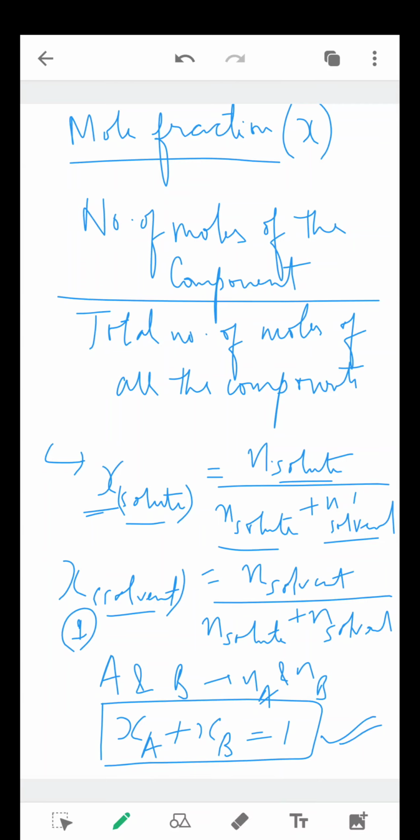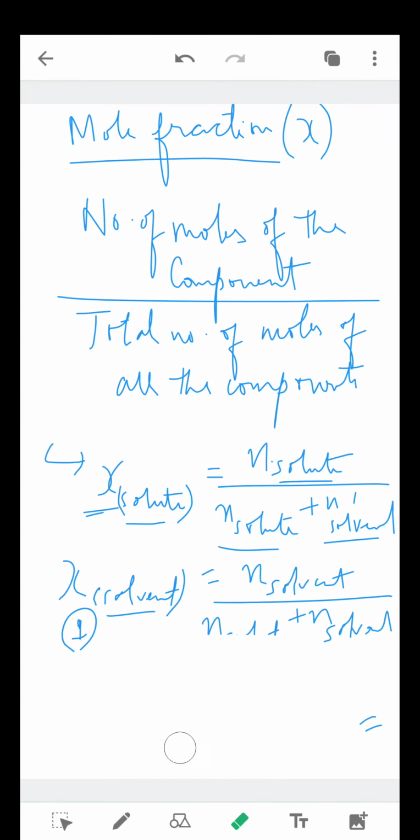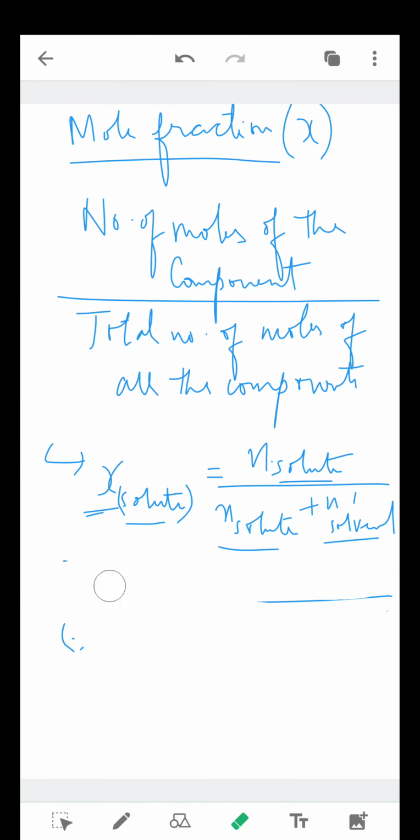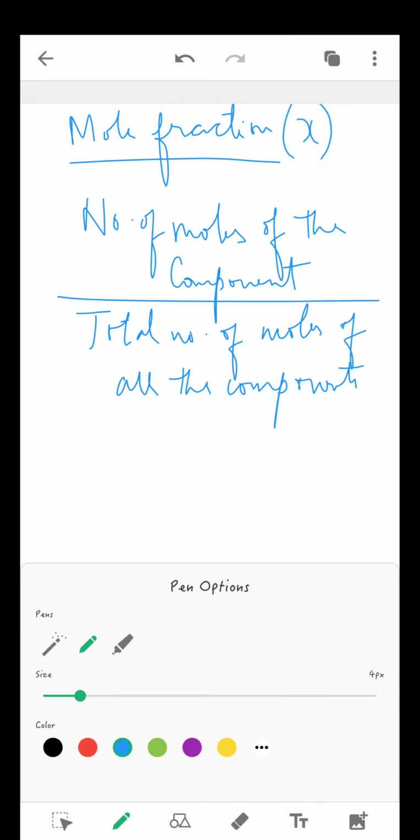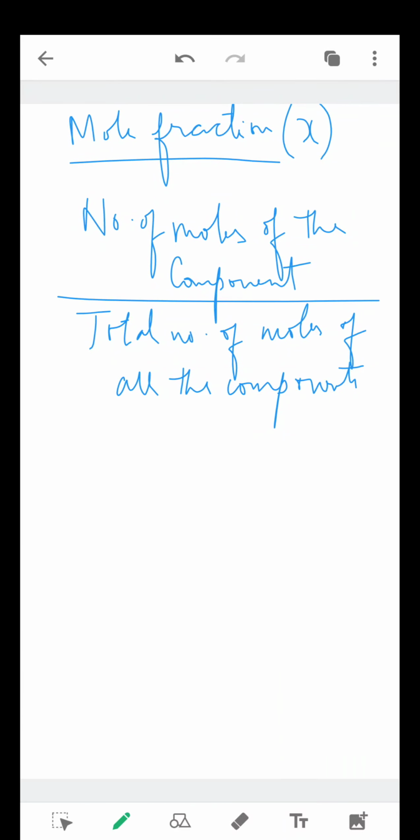So suppose we have a solution containing i number of components. In that case, how will you write the mole fraction?